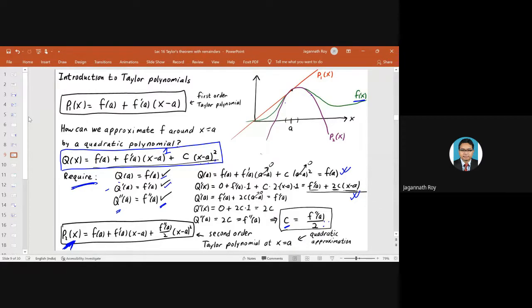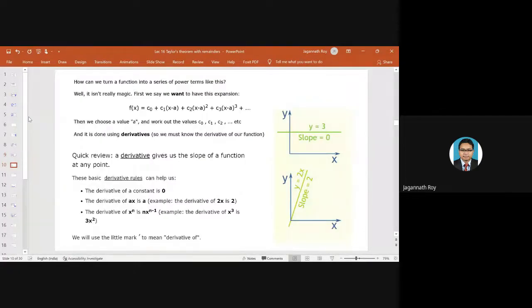Now, how do we get it for the nth order polynomial? For that, suppose we have an arbitrary expression like this. So this is a polynomial, where c0, c1, c2, c3 are unknown. x is our variable and a is any particular given point where we are trying to approximate the function with the help of Taylor's polynomial.